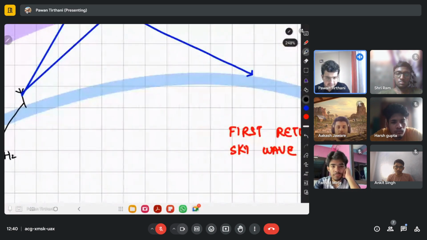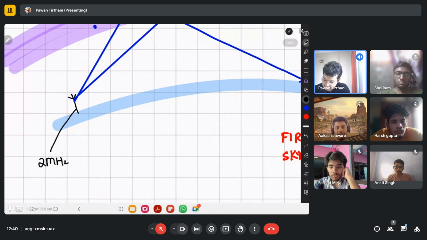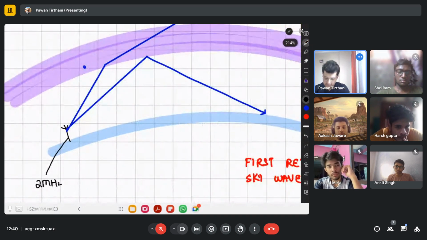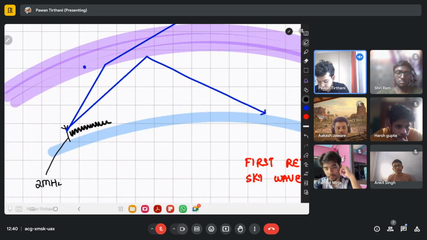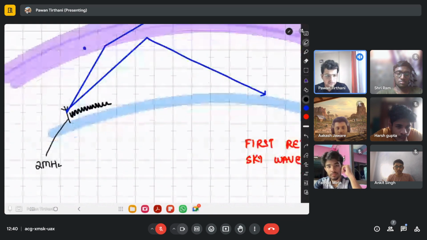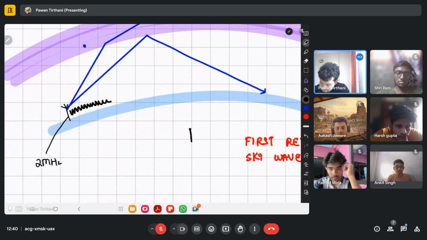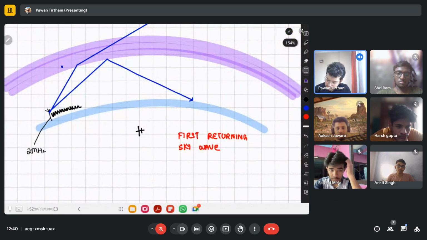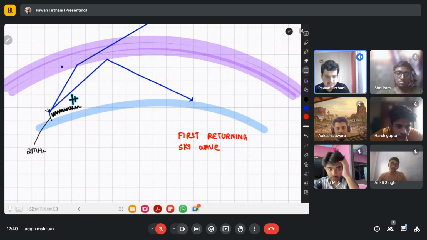This antenna will also be transmitting surface waves, right? So surface waves come, but they got completely attenuated. So any aircraft that is over here, can it receive signals?